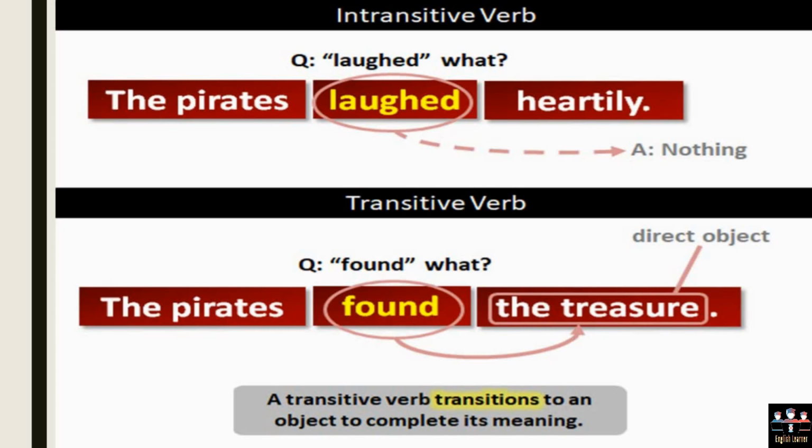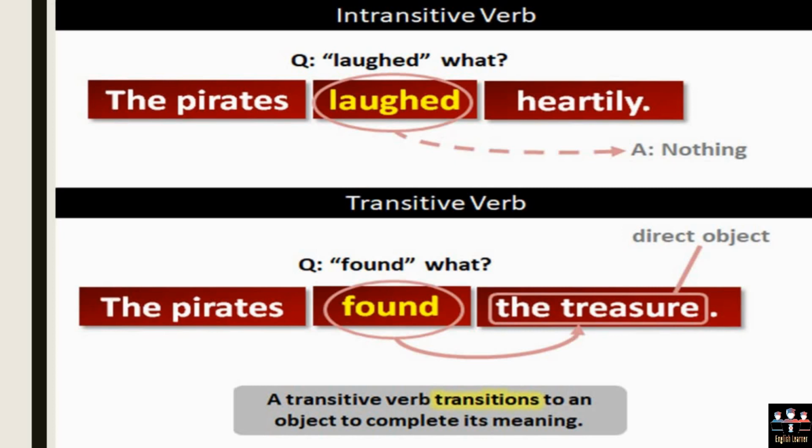Transitive verb. A transitive verb is going to answer us about what or whom. Let us apply this rule on this example. The pirates found the treasure. What did the pirates find? The pirates found the treasure.